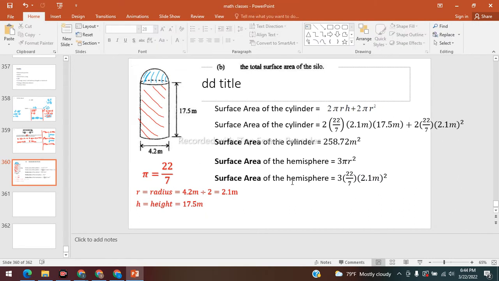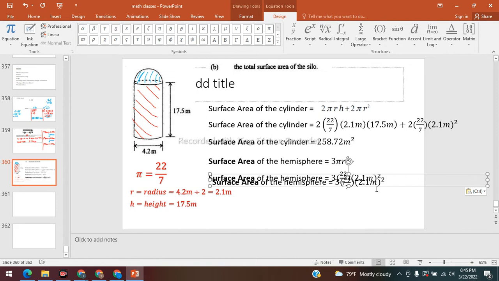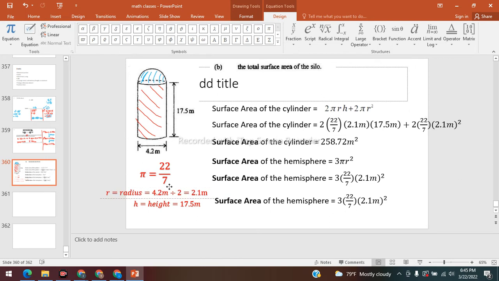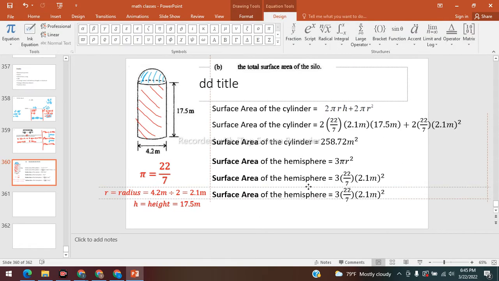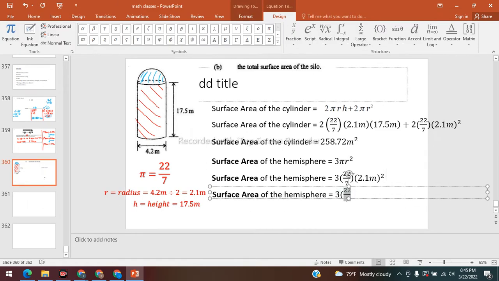All in all, we multiply these three terms: the 3, the 22 over 7, and the radius squared. Let's multiply them together.